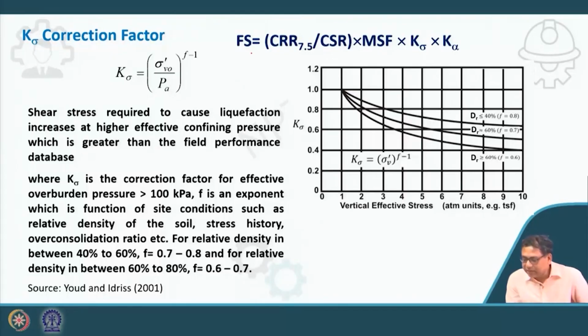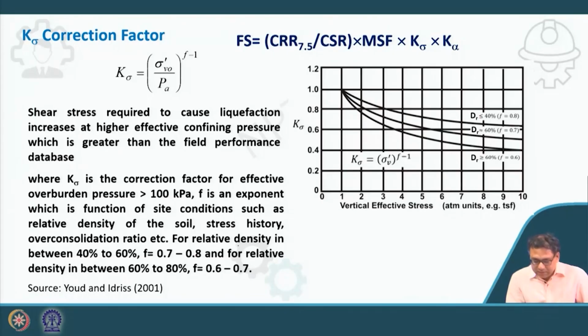So there are different charts. This is my effective stress, unit ton per square feet, and this is K sigma, or I can use this equation also: K sigma equals sigma V0 dash divided by Pa, raised to the power F minus 1. What is F? This F is a function of relative density.